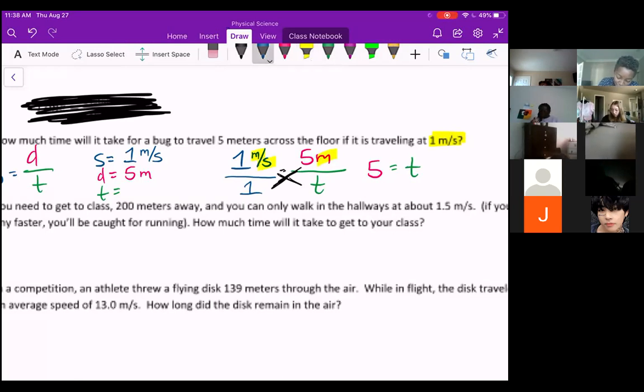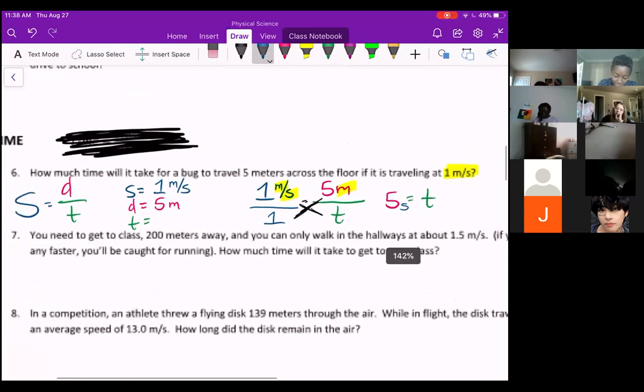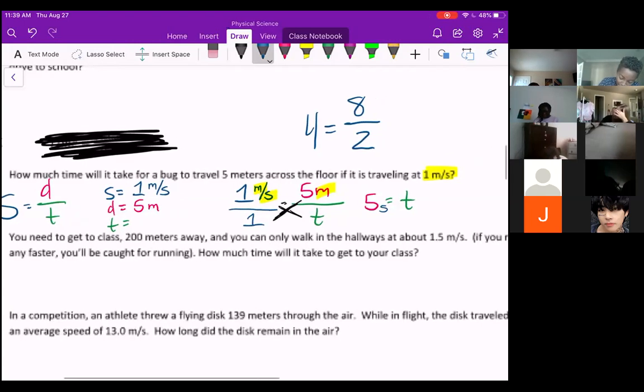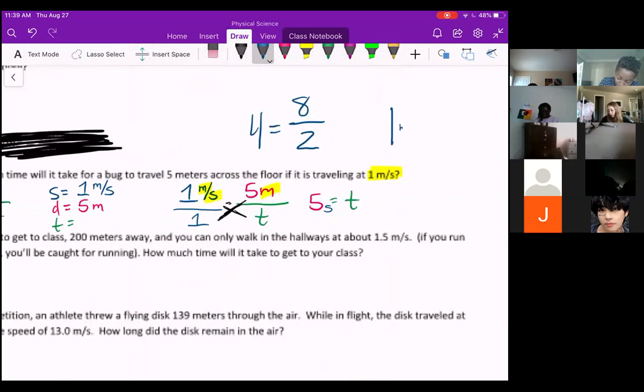Now let me show you another way to do this. This is my little shortcut, okay? Tell me if this is true. 4 is equal to 8 divided by 2. Is that true? Yes. All right. So look, when we did this earlier, we said the speed was equal to 1, that was 1 meter per second.